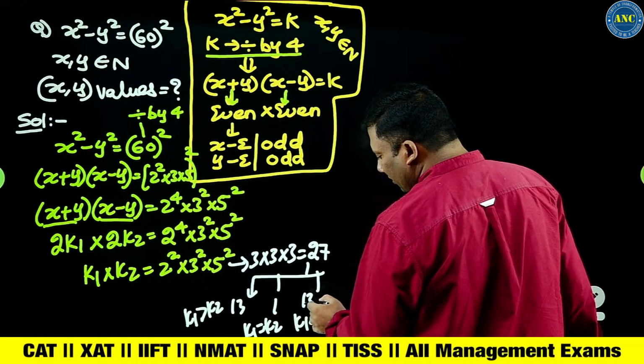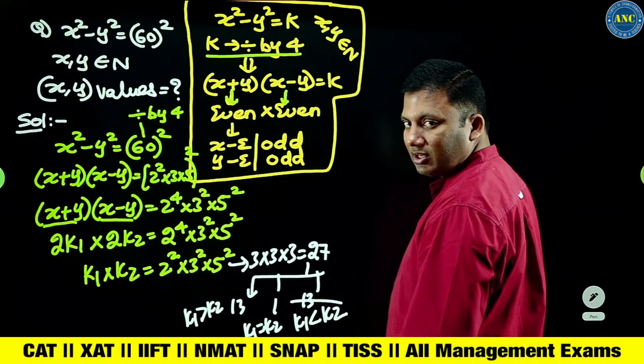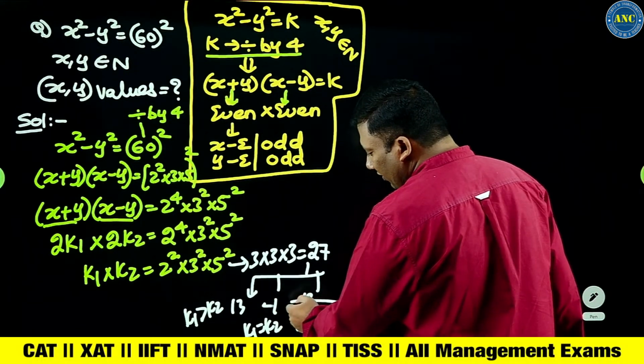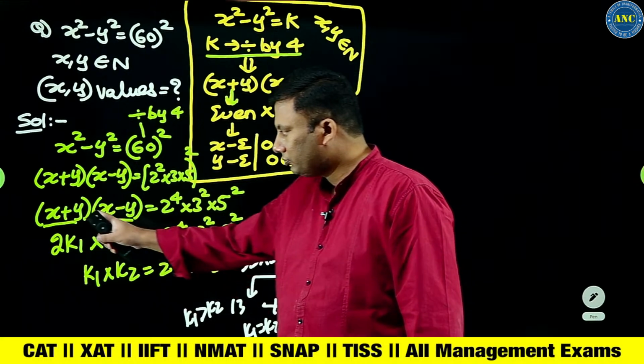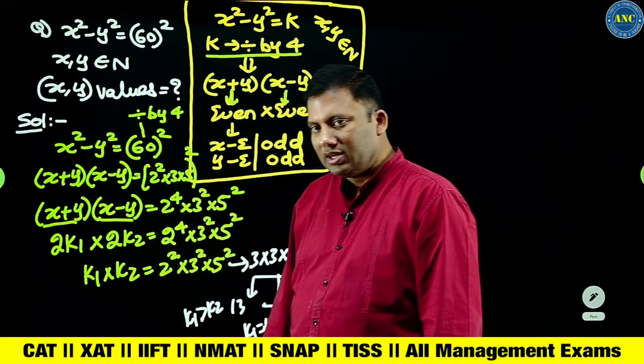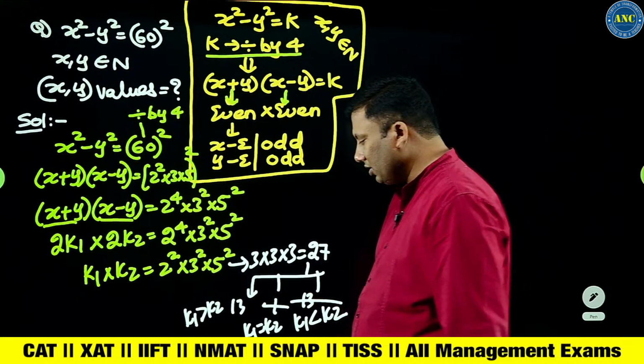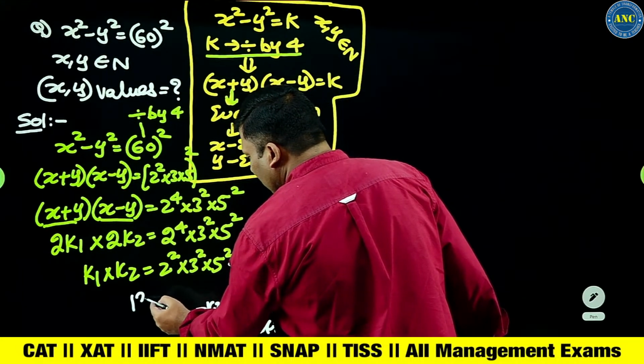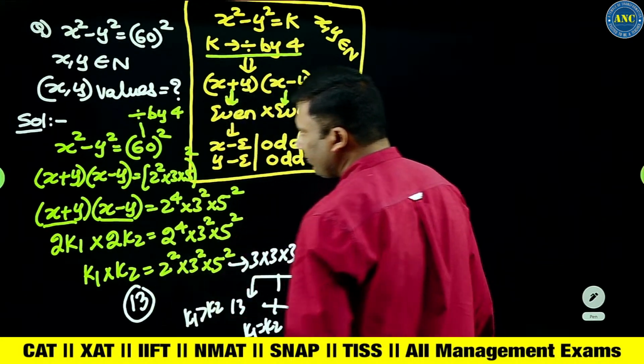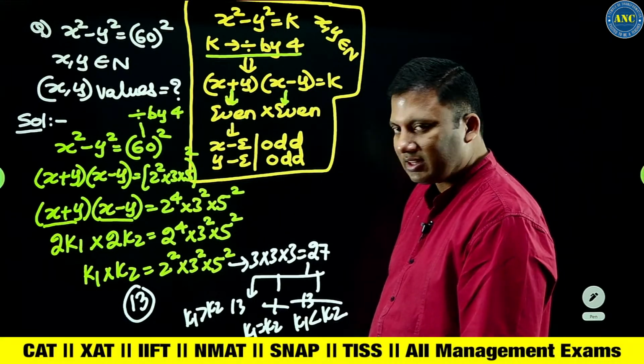The sum of two numbers less than their difference is not possible. k1 equivalent to k2 means one value will be 0. So the answer for this question is 13.